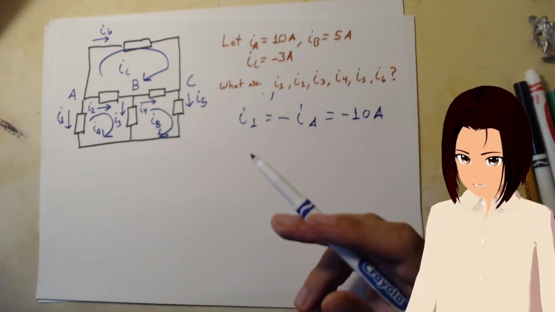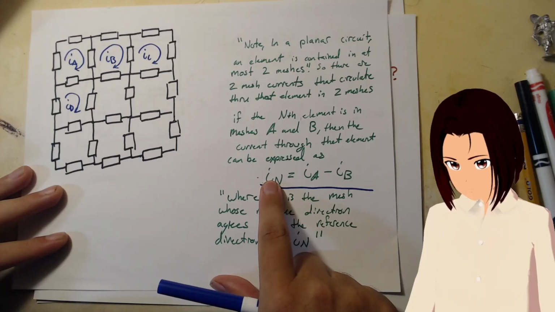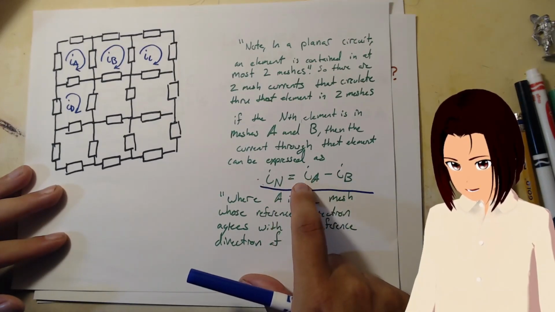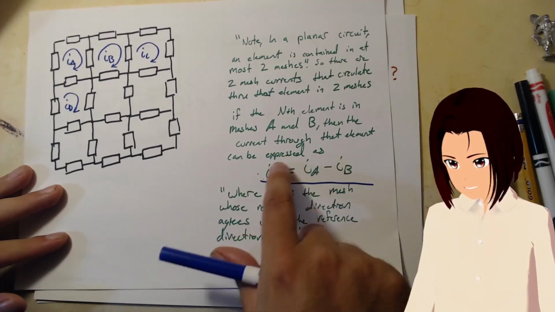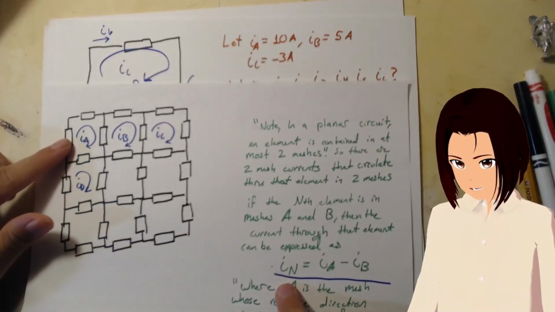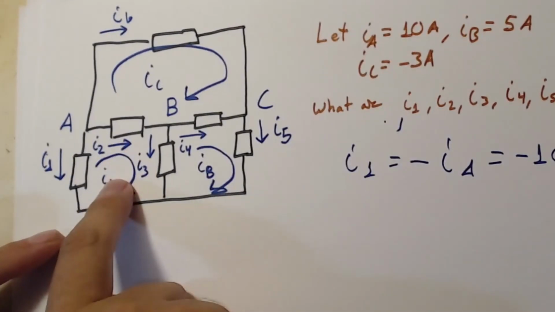I2 is right here. Going back to what I said before, if In agrees with mesh A, then this is the equation that makes sense. We have mesh A, and it agrees with our mesh.